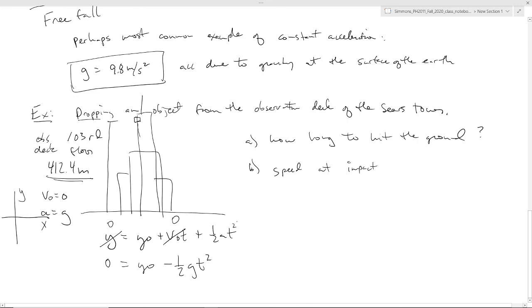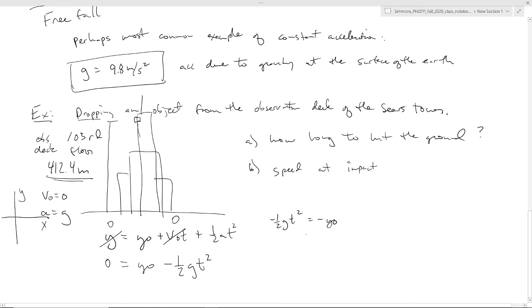Sorry, the t squared there. And so we can solve this then for t. So notice we would subtract, well here, I'll do it in 2 steps. So negative 1/2 g t squared is going to equal negative y naught.